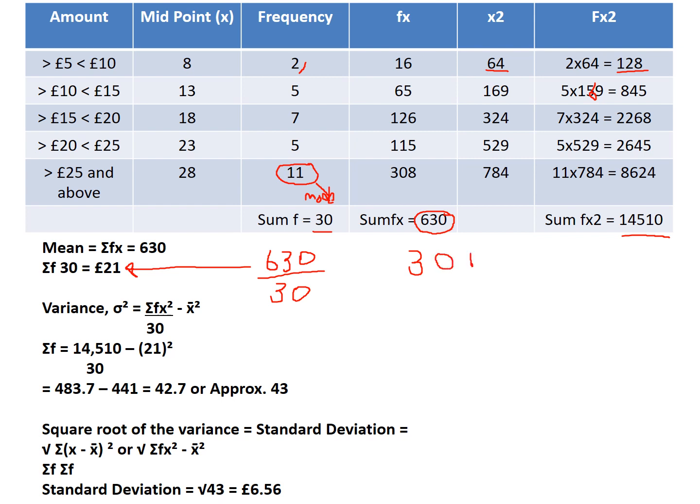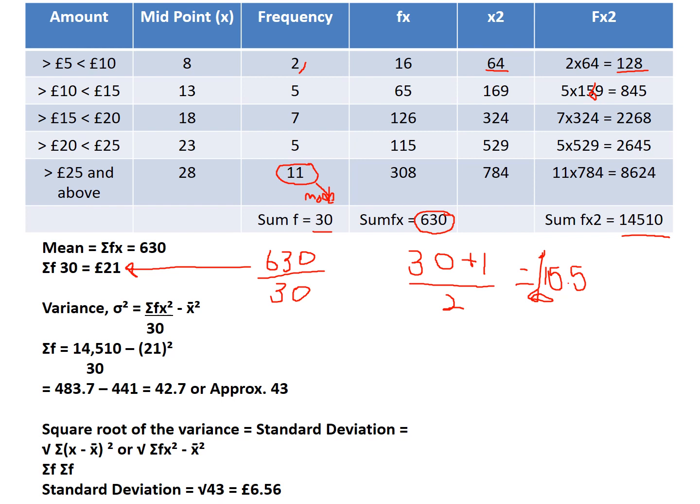We add 1 and we divide by 2, so it equals 15.5 pounds. So the middle amount that people are spending is £15.50.